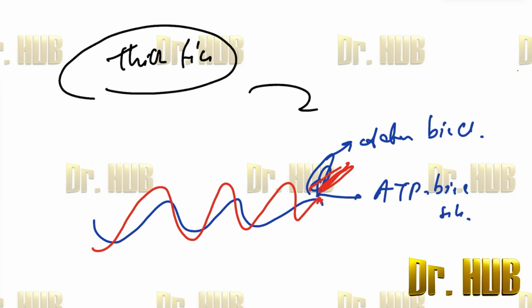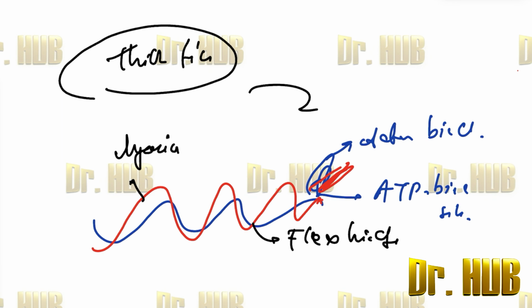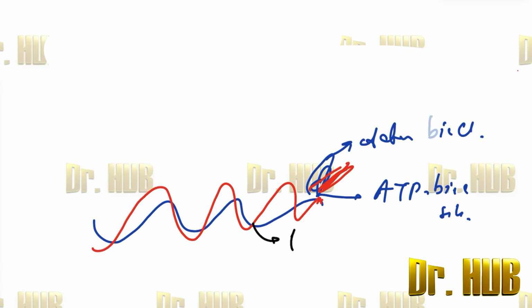There is the flexible hinge region and the myosin molecules. So these are some important diagrams based on which we will be discussing.